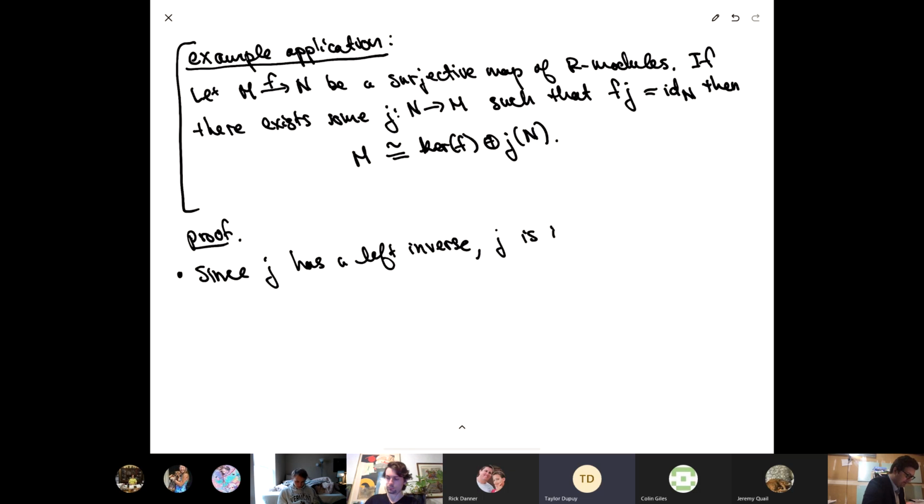J is injective. The idea here is that if you collapse two elements, then you can't have a left inverse.